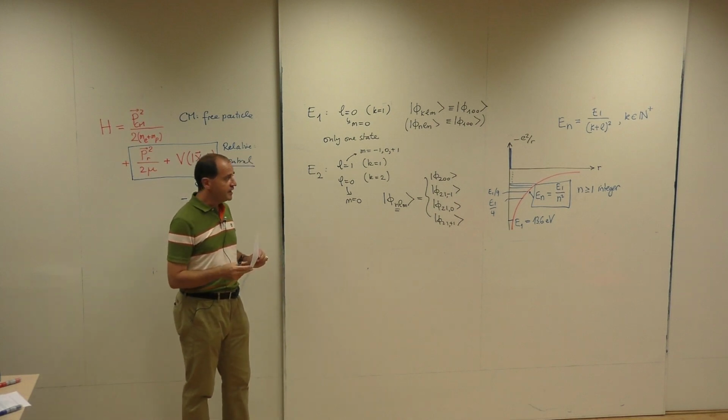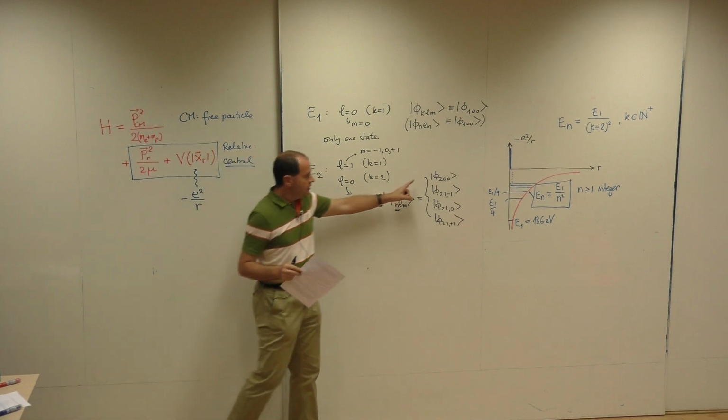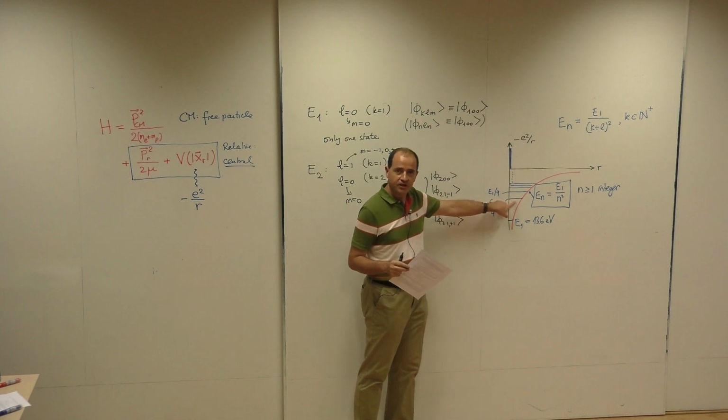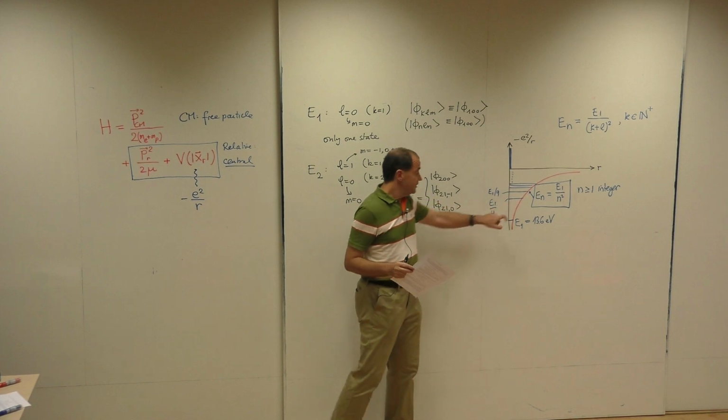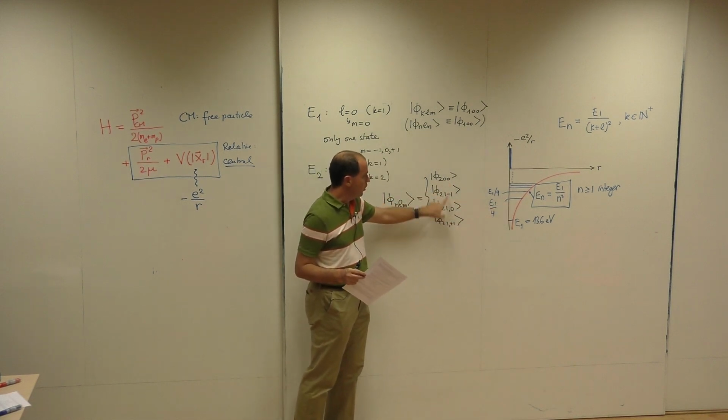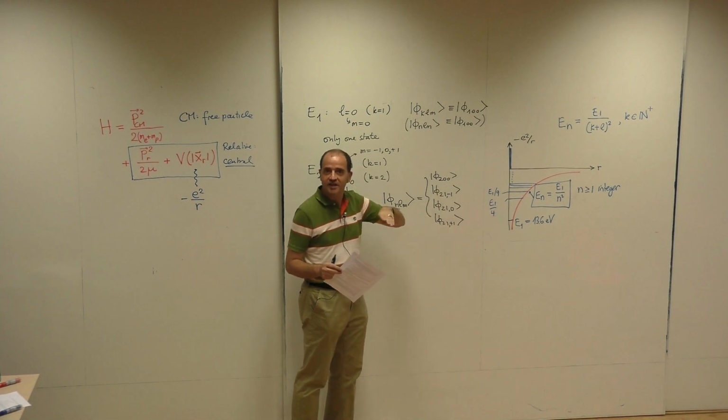Okay? I repeat, the energy level E2 is 4 times degenerate. There are 4 independent orthogonal states that have that energy. How do they differ from each other? They differ by angular momentum states, not by energy. Of course, they're in the same energy level.